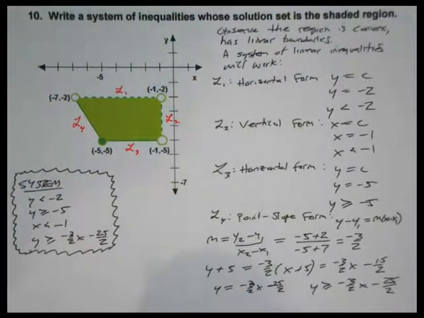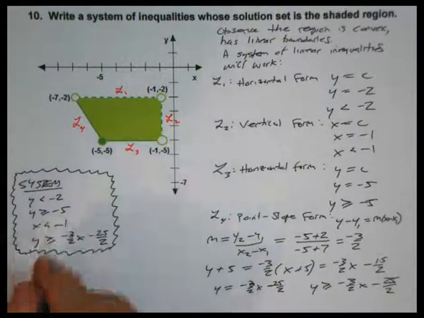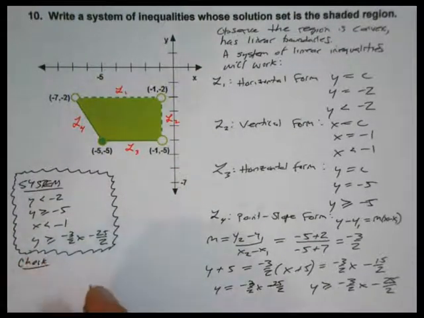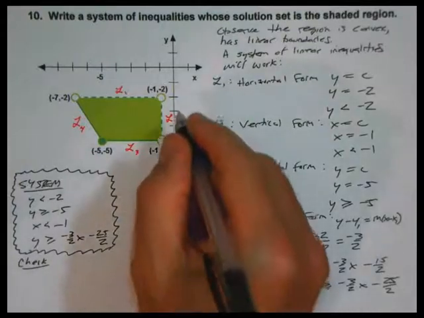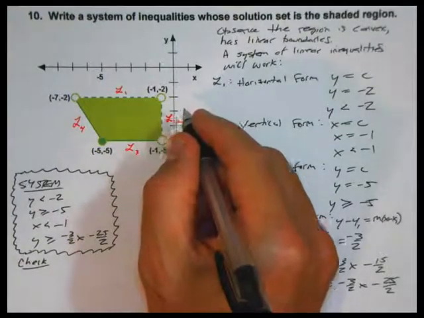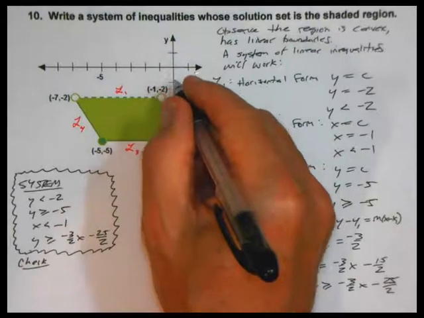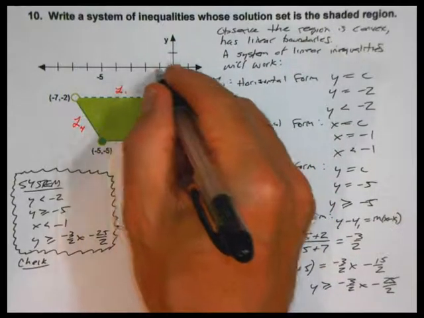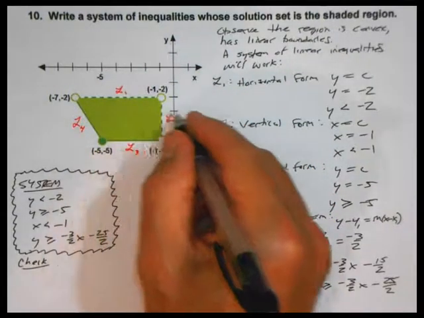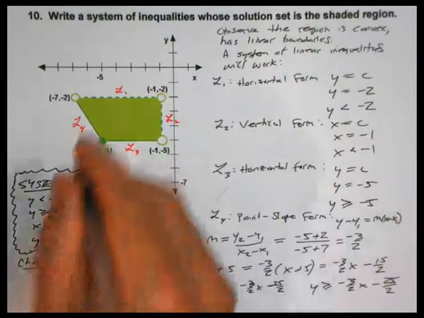Okay, last thing we might want to do is check things over here. Okay, let's find a point that's clearly in this shaded region. So perhaps we could go down 1, 2, 3, negative 3, negative 3, negative 3, clearly in the region.